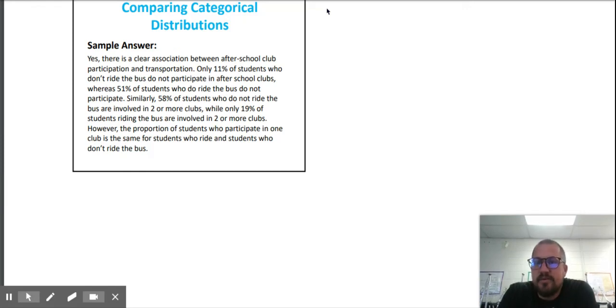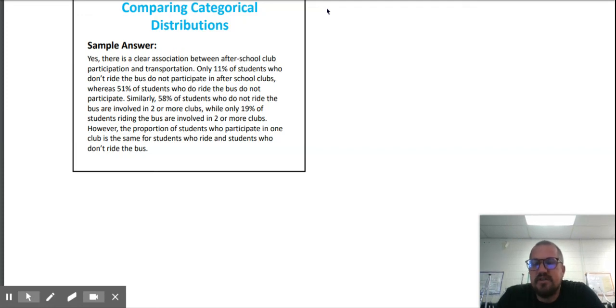Only 11% of students who don't ride the bus do not participate in after-school clubs, whereas 51% of students who do ride the bus do not participate. Similarly, 58% of students who do not ride the bus are involved in 2 or more clubs, while only 19% of students riding the bus are involved in 2 or more clubs.